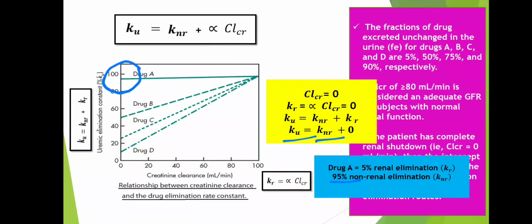Similarly, drug B is eliminated 50% via the renal route. That means 50% is eliminated via the non-renal route, and the non-renal elimination rate constant equals the total elimination rate constant in a uremic patient.